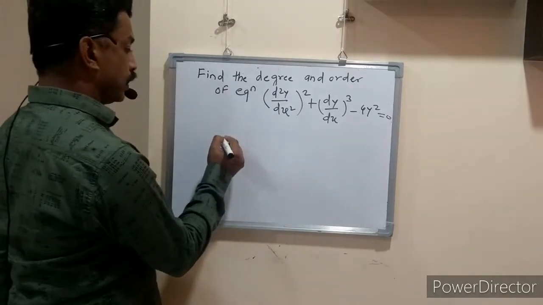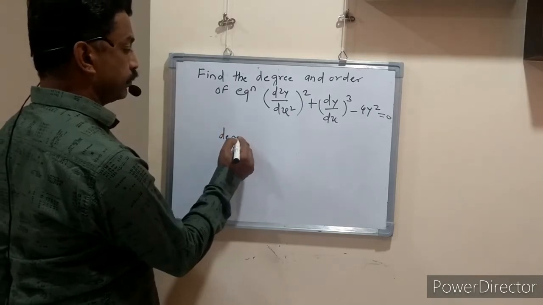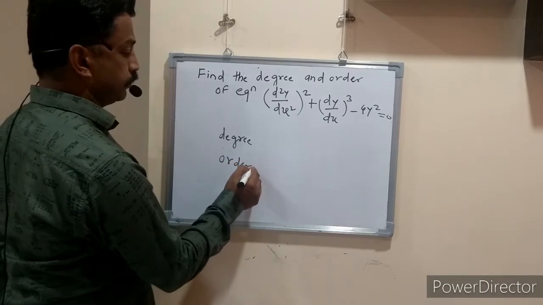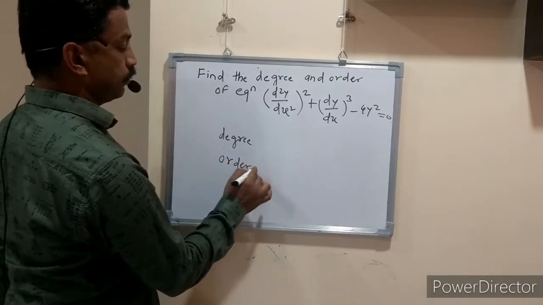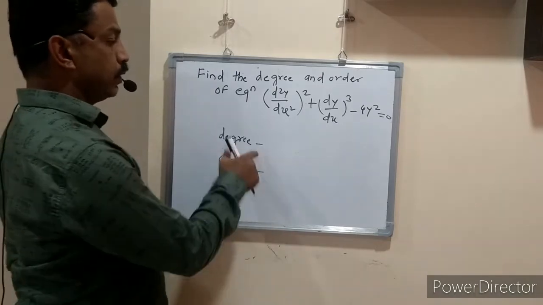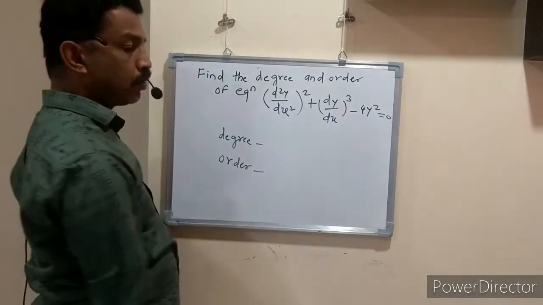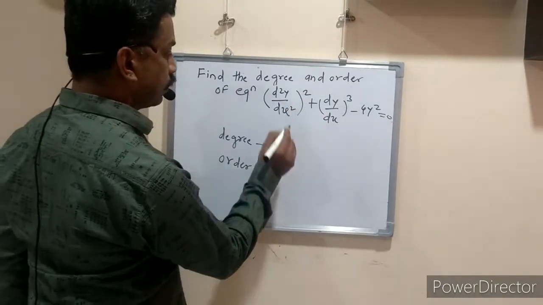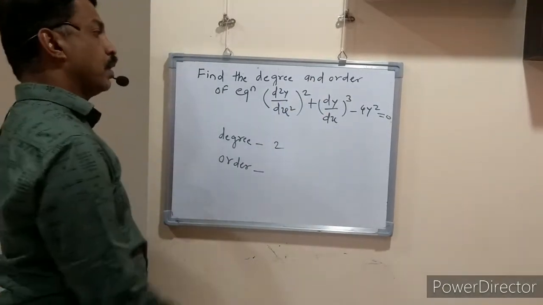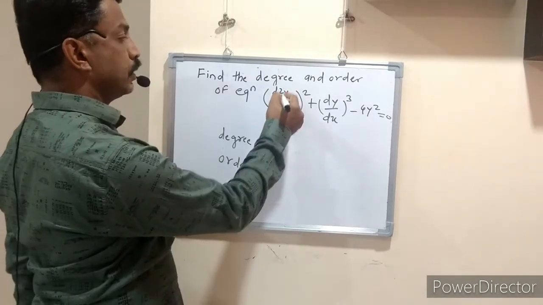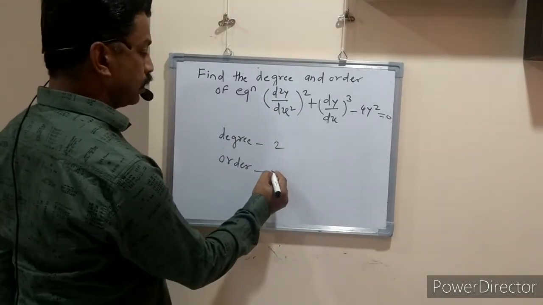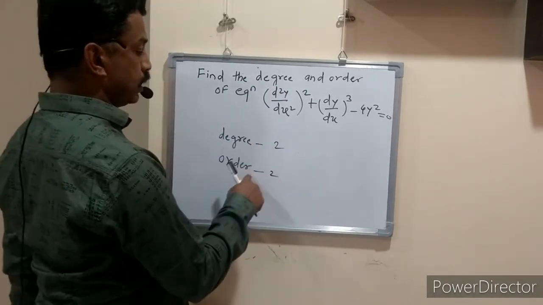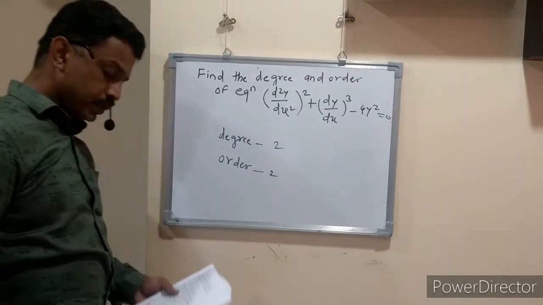Degree: the power of the highest derivative is 2, therefore the degree is 2, and the highest derivative is d2, so the order is 2. So such type of equation is a second degree and second order differential equation.